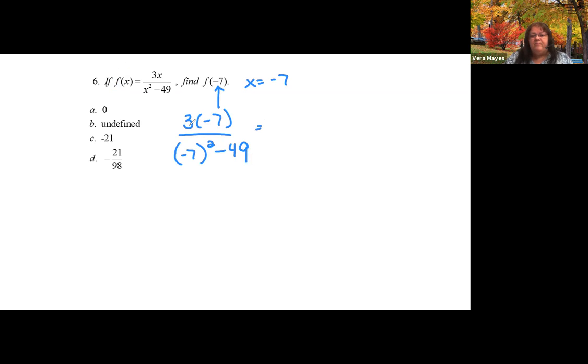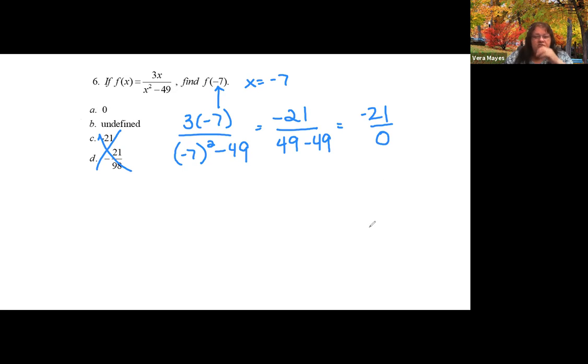So what do we get on top? 3 times -7 gives us a -21. -7 squared gives me 49, minus 49. So I end up with -21 over 0. I'll give you two choices. These two are not the answer. So it's either 0 or it's undefined.